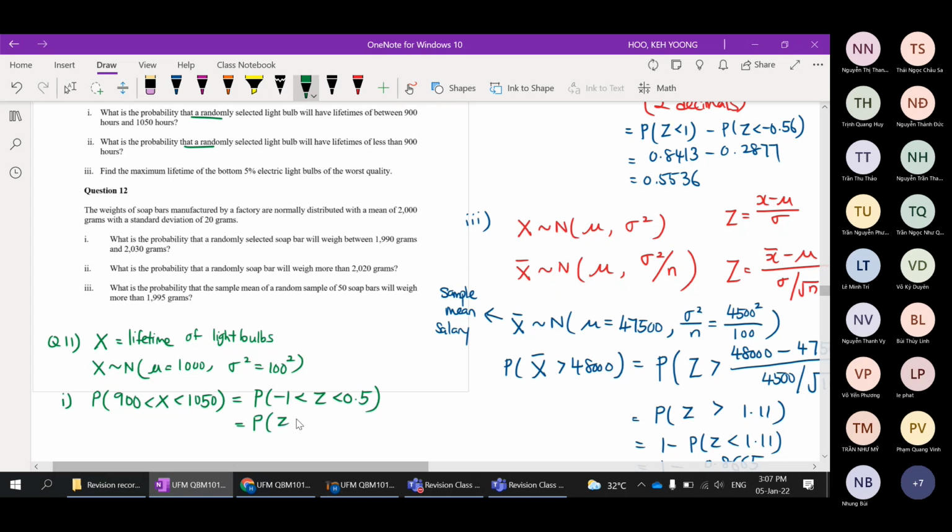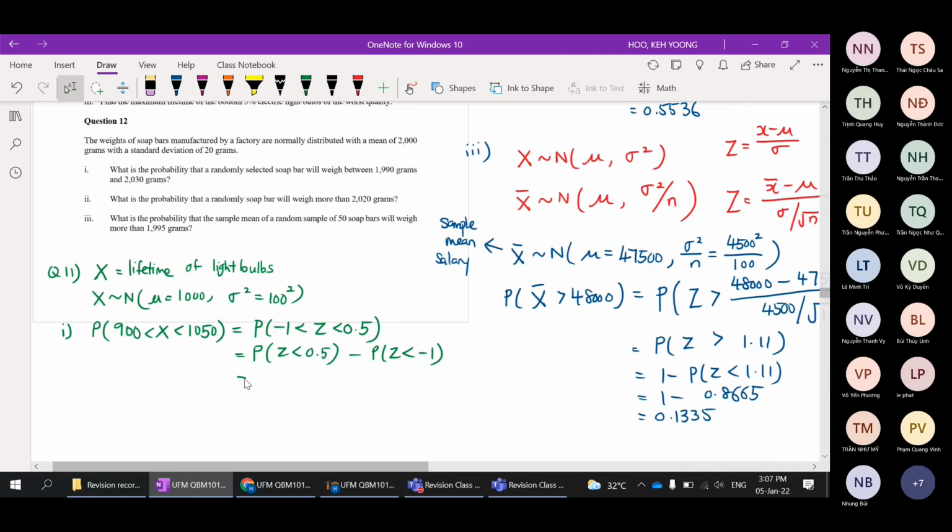You take the larger one, the probability of Z less than 0.5, minus the probability of Z less than -1. Refer to the table, one is positive, one is negative, yeah? So you got 0.6915.